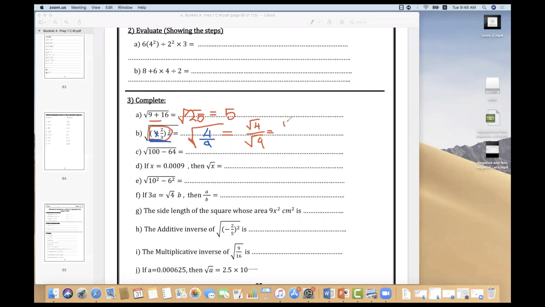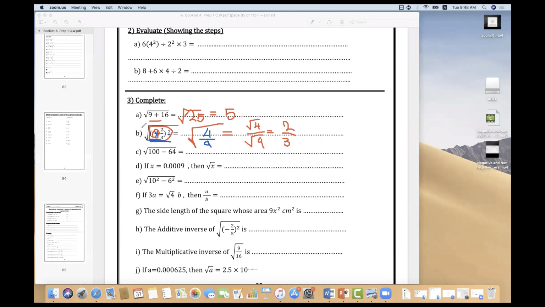But didn't you say the root cancels with the power? Yes, in the end it will be positive or negative. But you have to decide the position of the negative sign before canceling the 2 with the square root. So it will be positive.